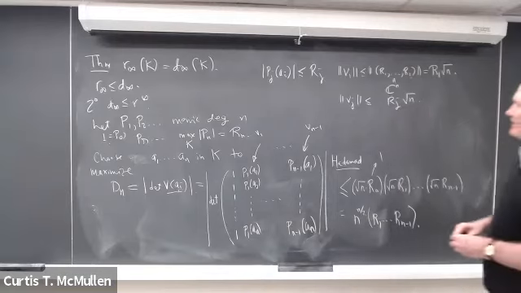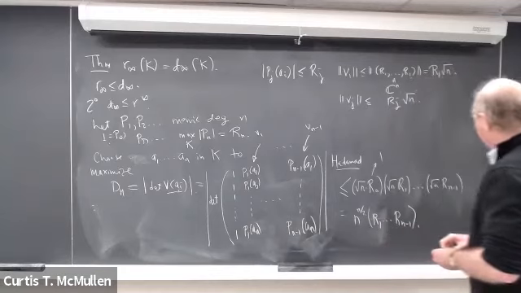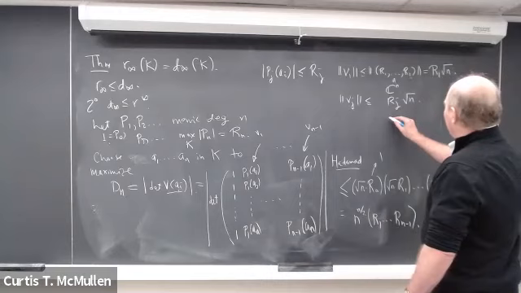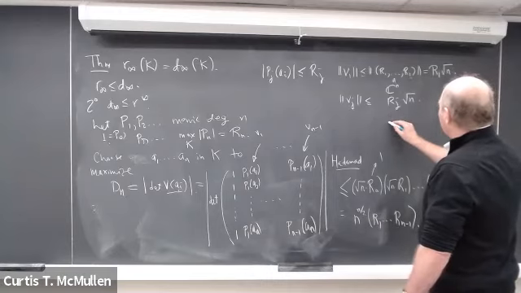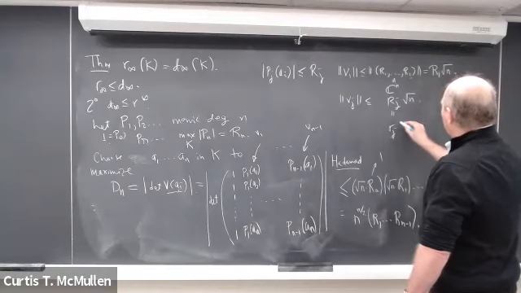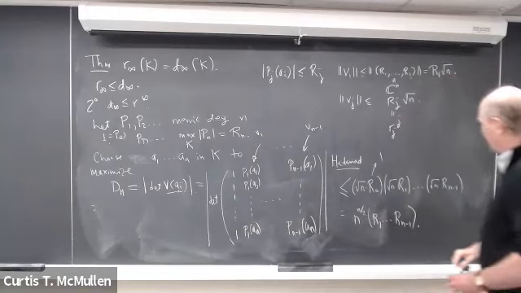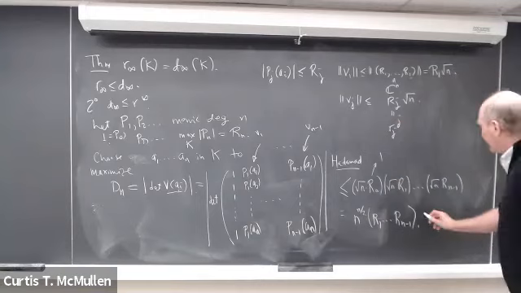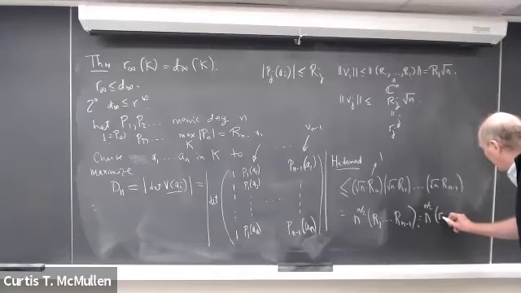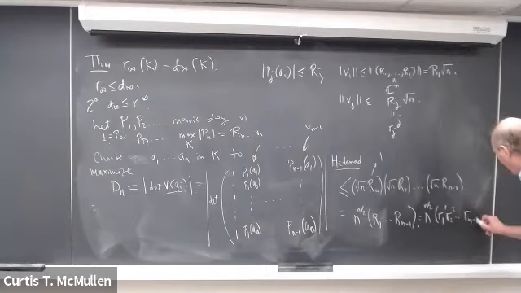Now, it would be better if we could approximate these in terms of the conformal radii. So remember that Rj is the same as little rj raised to the jth power. So this we can write as n to the n over 2 times little r1 to the 1, little r2 squared, up to little rn minus 1 to the n minus 1.